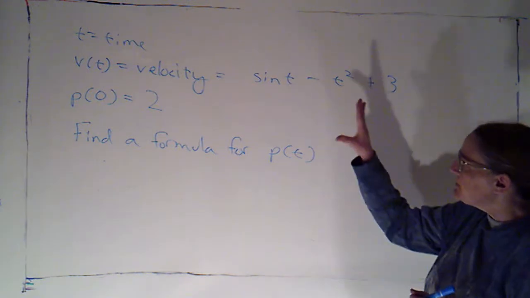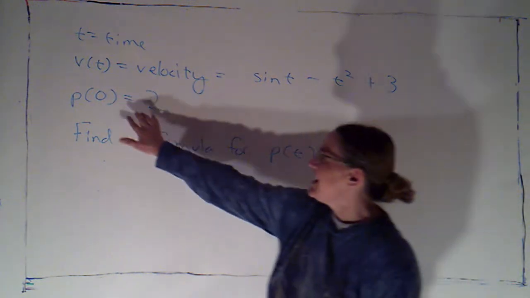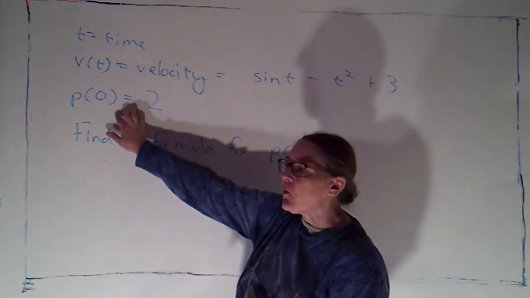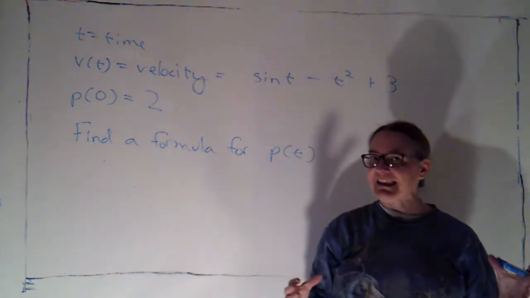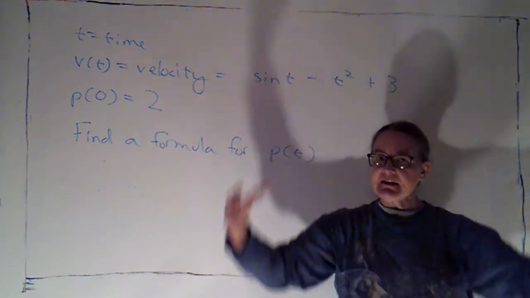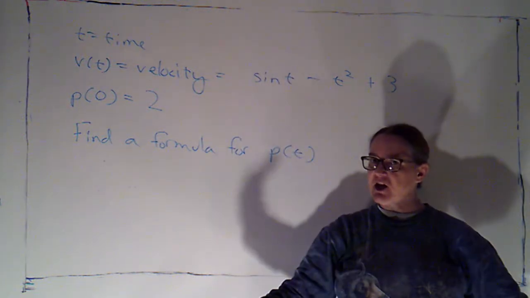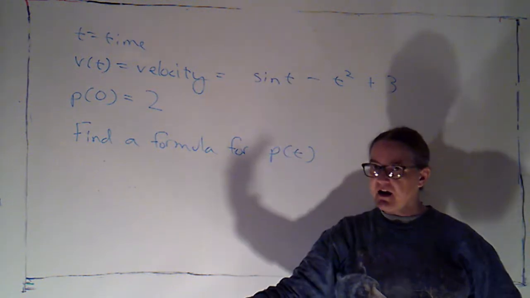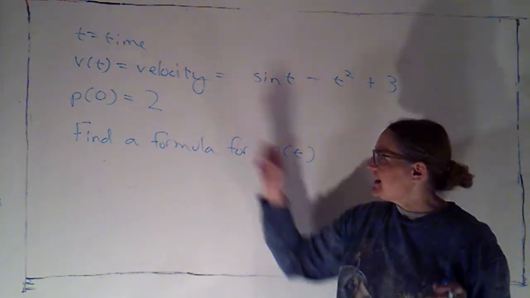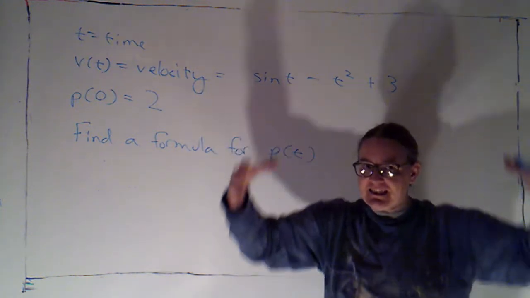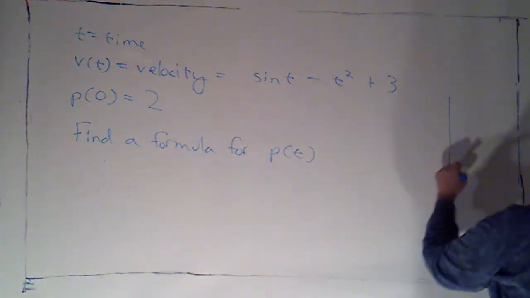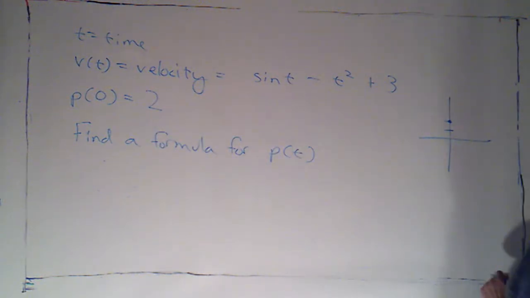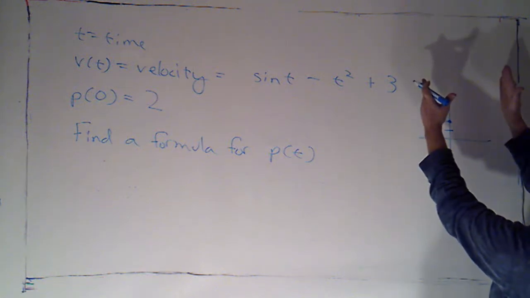That's because I'm looking for the position function that's going to pass through this point, (0, 2). Remember we said that adding that plus c basically is doing a vertical shift of your basic graph. So I need to find the c that's going to lift the curve so that it passes through the point (0, 2), not too high and not too low.